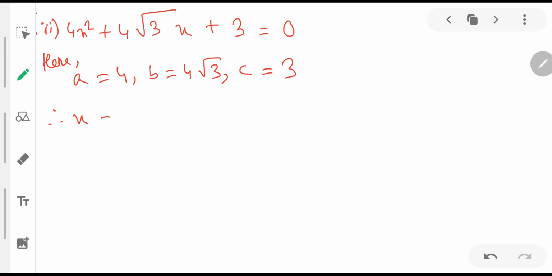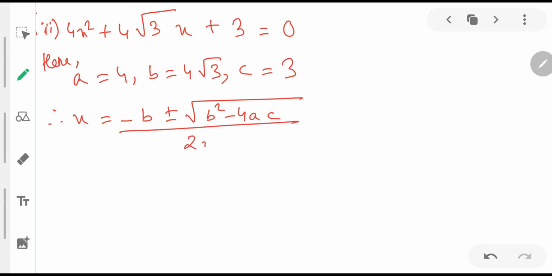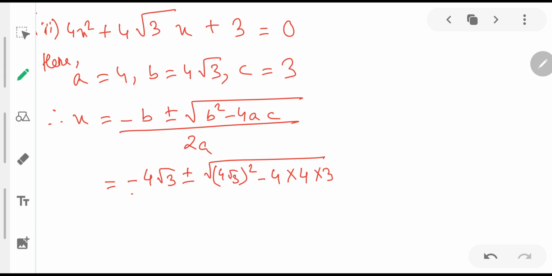Therefore, apply the quadratic formula, x equals minus b plus minus root over b square minus 4ac divided by twice a. So, minus b means minus 4 root 3, plus minus root over b square, which is 4 root 3 whole square, minus 4ac: 4 into a is 4, c is 3, divided by twice a.